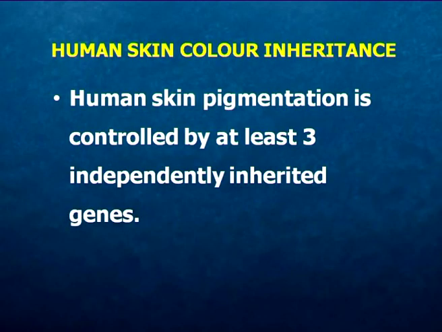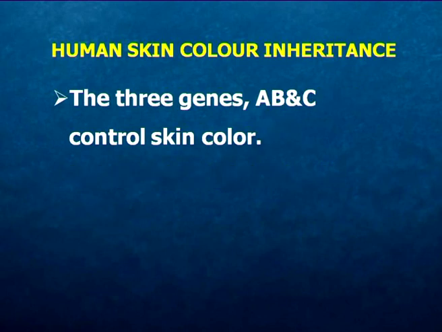Now, human skin pigmentation is controlled by at least 3 independently inherited genes. అంటే మన స్కిన్ కలర్ యొక్క అనువంశికతను ప్రభావితం చేసి స్వతంత్రంగా అనువంశికత చెందేటటువంటి 3 జతల జన్యువులు ఉన్నాయి. ద 3 జీన్స్ A, B and C, దీస్ ఆర్ క్యాపిటల్స్లో మనం రాసాం. అంటే డామినెంట్ అని, వాటి యొక్క రెసివ్స్ small a, small b, small c. సో కంట్రోల్ స్కిన్ కలర్.